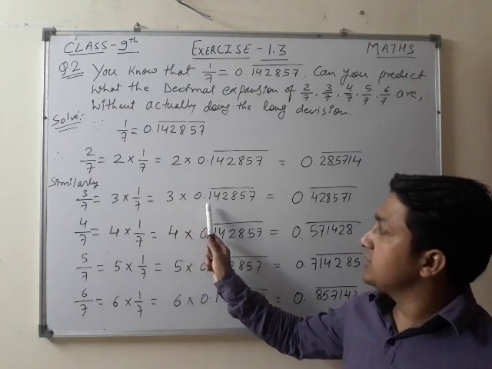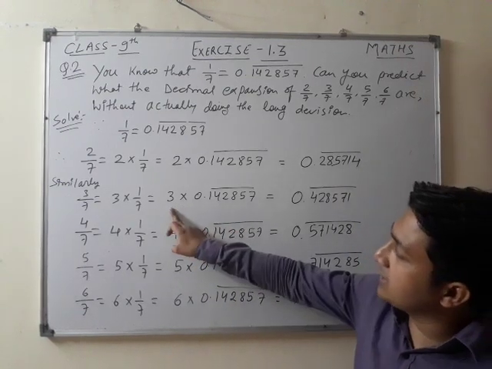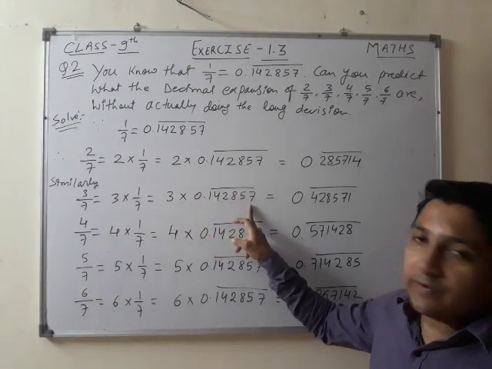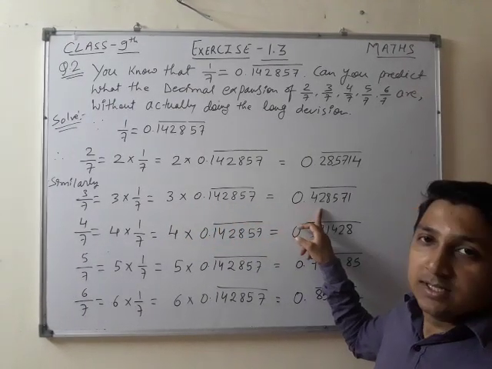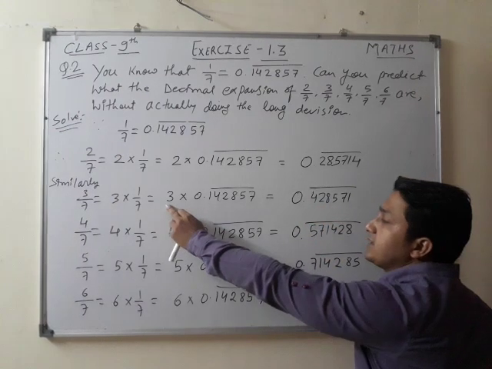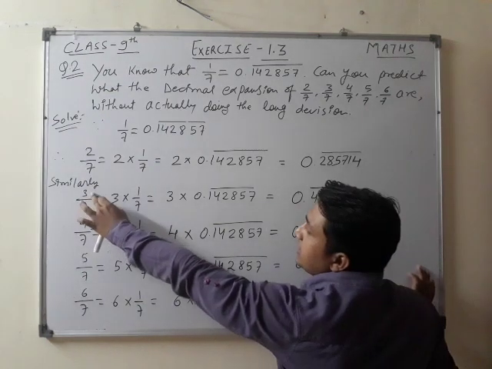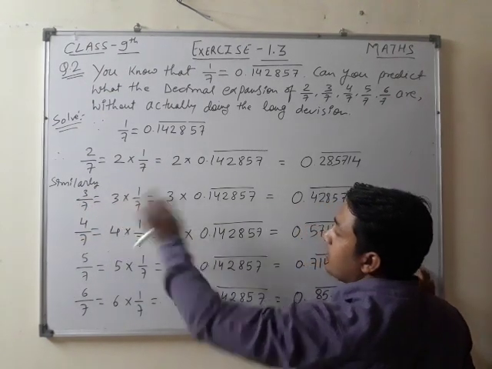So 3 into 0.142857. When we multiply 3 into 0.142857, we will get the value 0.428571. What we have done? We take 3 upon 7 as 3 into 1 upon 7.